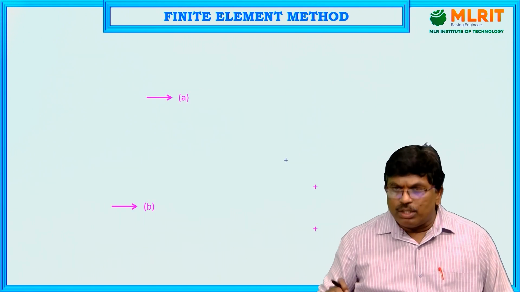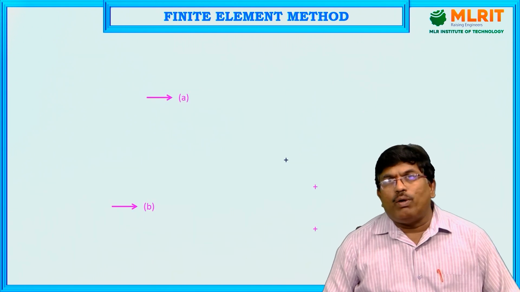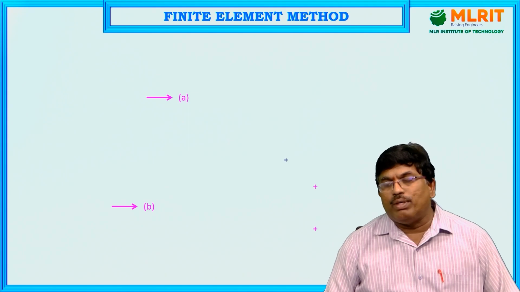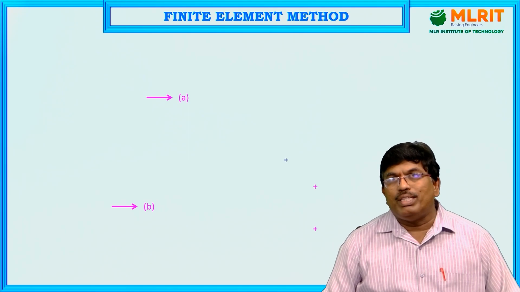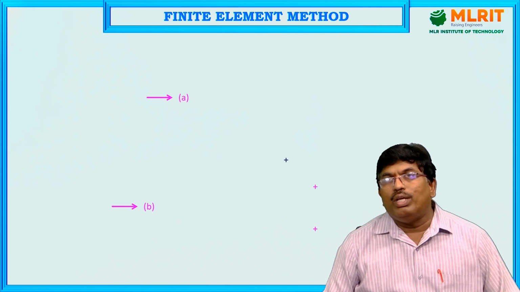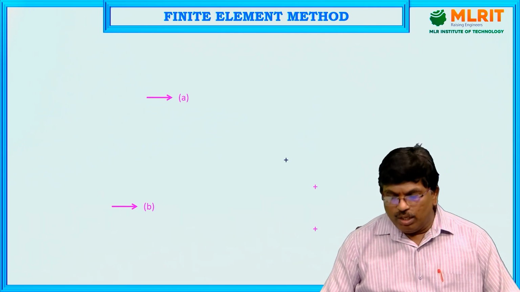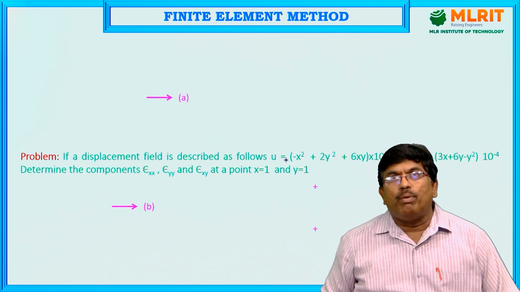So that means if you take the three-dimensional body, we have 6 strain components. In the two-dimensional body, we have 3 strain components. If it is a one-dimensional body, we have only one strain component. Now we can go with one numerical problem.